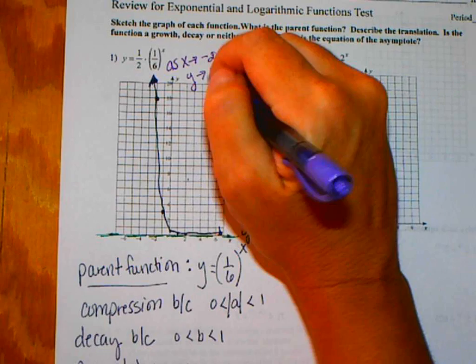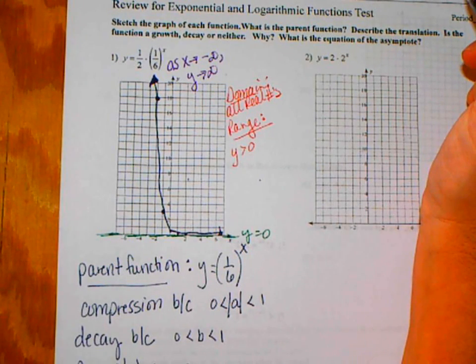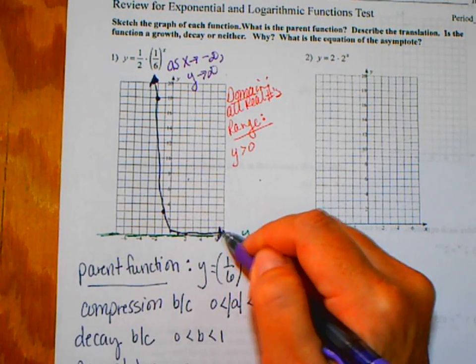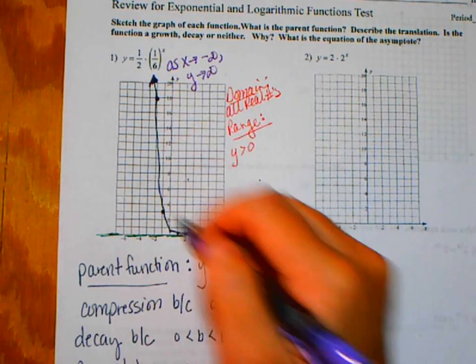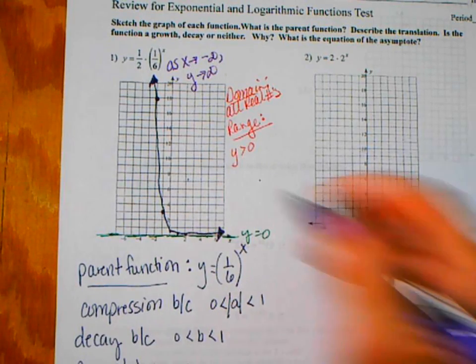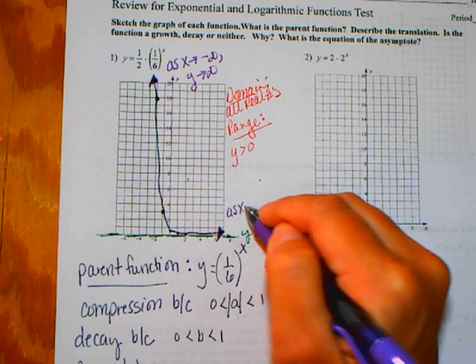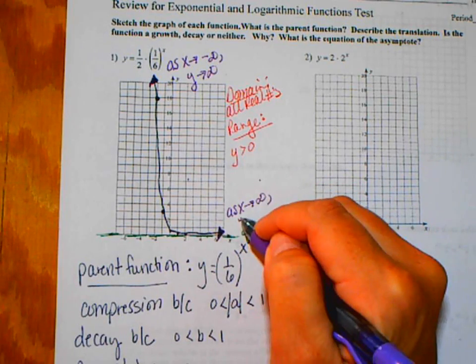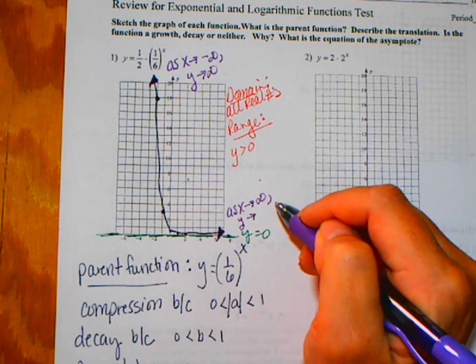Positive infinity. On this side, when your graph is going in this direction to the right, what is x approaching? Positive infinity. As y is approaching what?